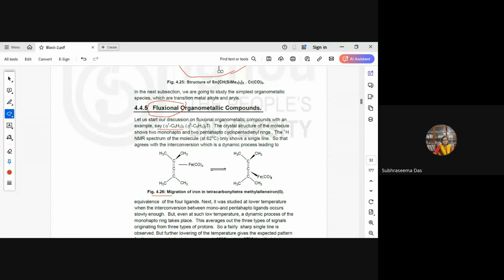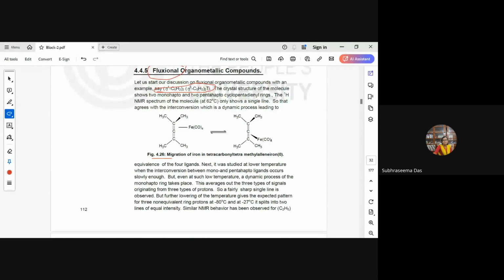Here, in figure 4.26, if we look at the left side of the figure and compare it with the right side, we see an interchange of this Fe(CO)4 group. Initially, on the left hand side, it was present here, whereas on the right hand side of the figure, it is present here. So in figure 4.26, we see a migration of the Fe(CO)4 groups.